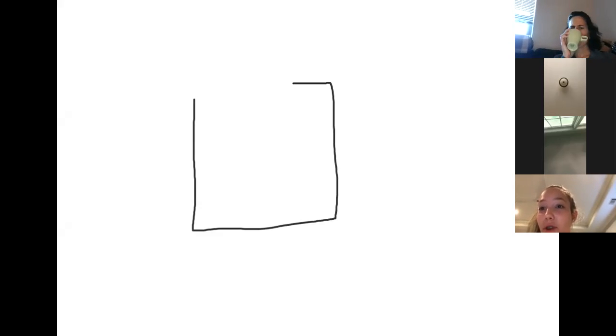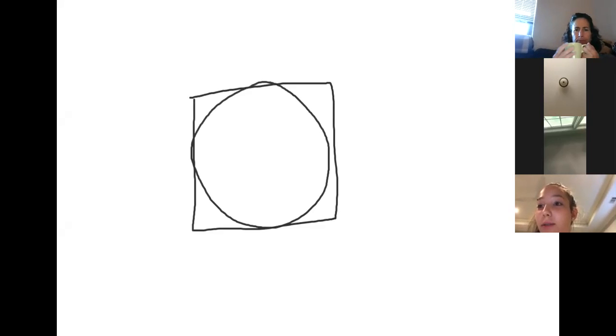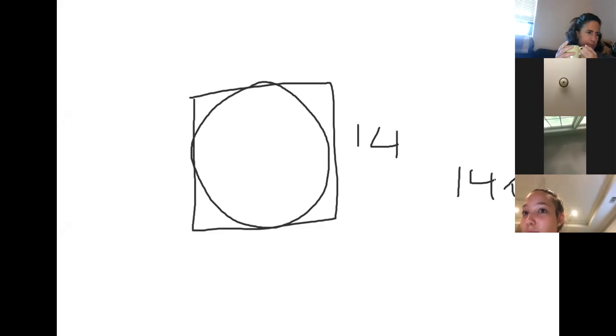We just had to find the circumference, right? Yeah. Sorry for my bad drawings. This was 14, so that means the diameter of the circle is 14. So the circumference would just be 14 pi. Right? Yep.